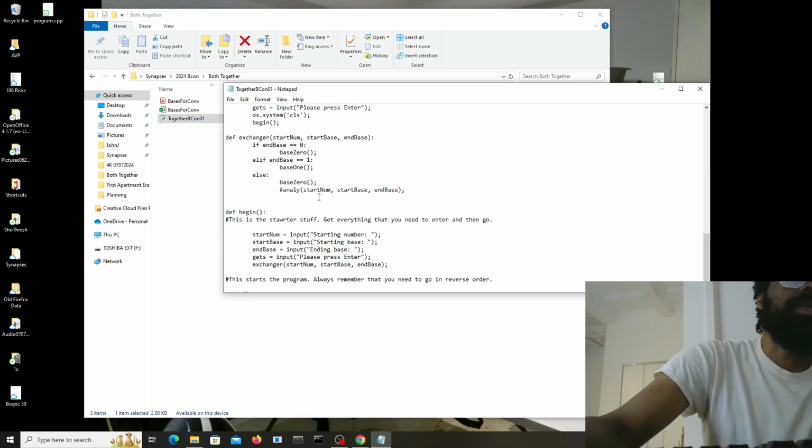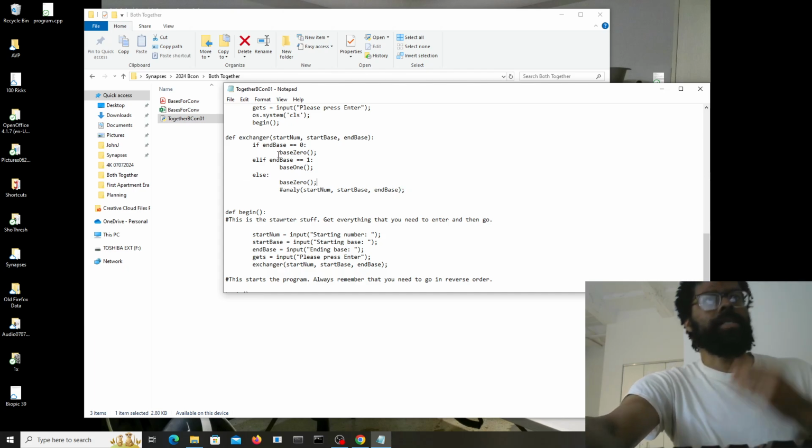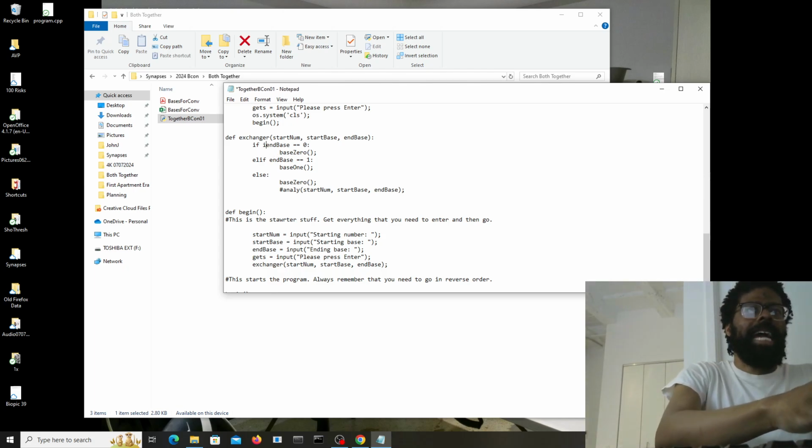I think the reason it kept skipping to the else instead of doing the if and elif is because I did not cast the end base as an integer.